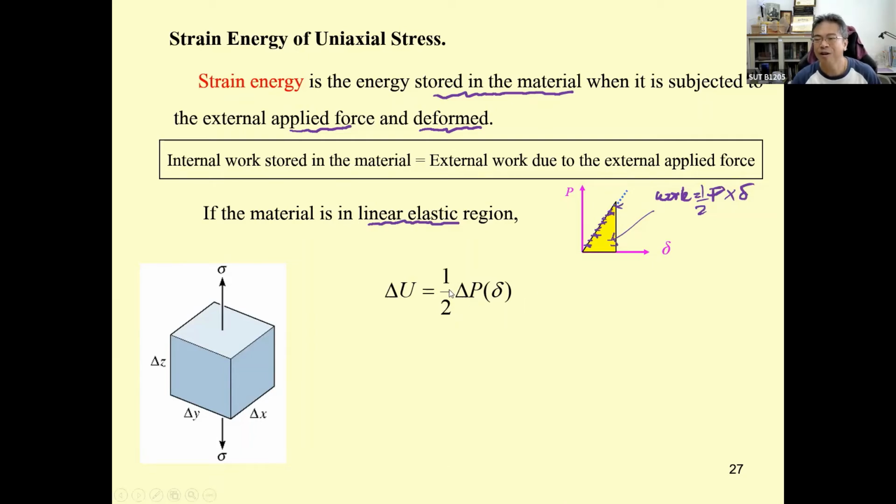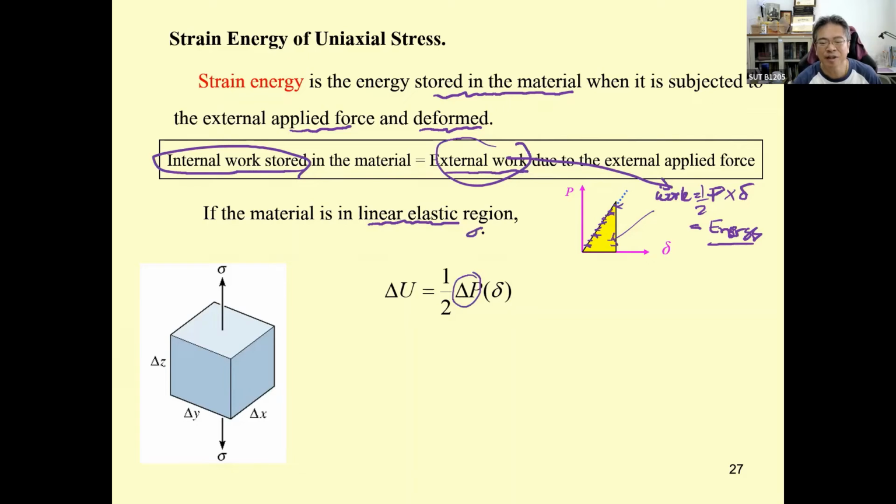So this will have this kind of equation. Work is equal to the energy that's stored in the material. This is going to be external work, and this is supposed to be the energy, and it's going to be one half P delta.